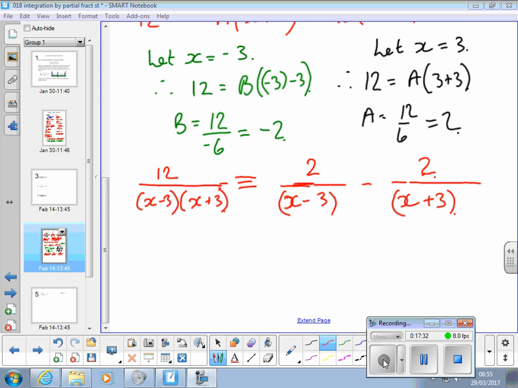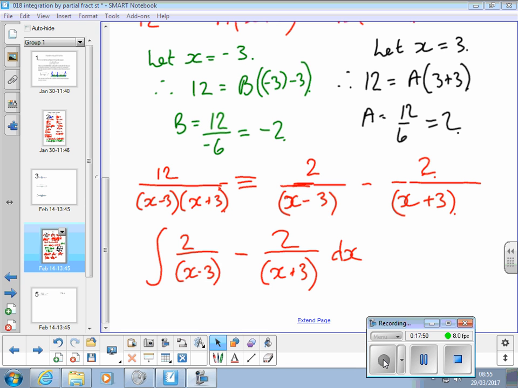Can we now do the integral of 2 over x minus 3 minus 2 over x plus 3 dx? Okay, which requires us to use substitution twice.